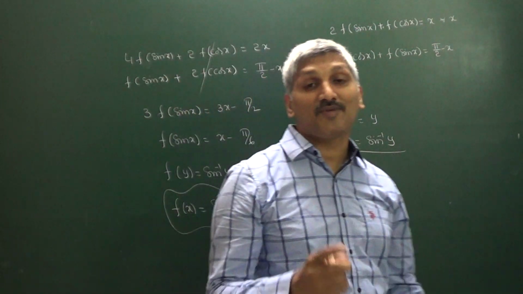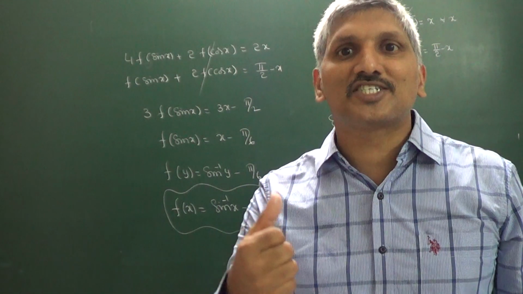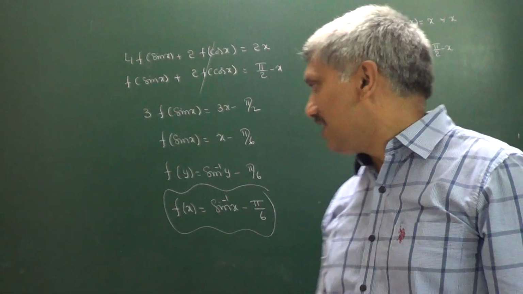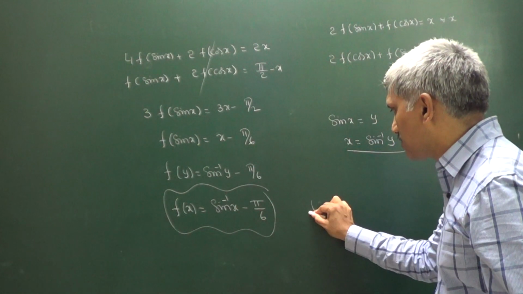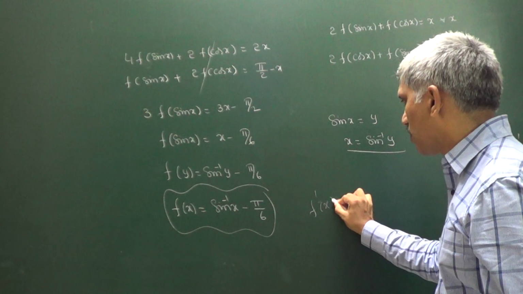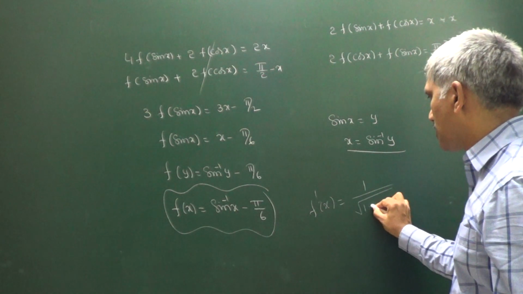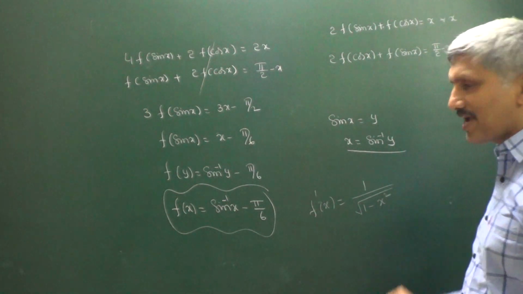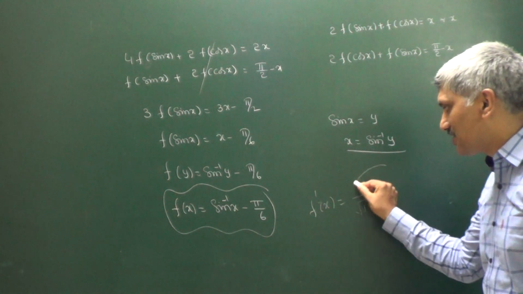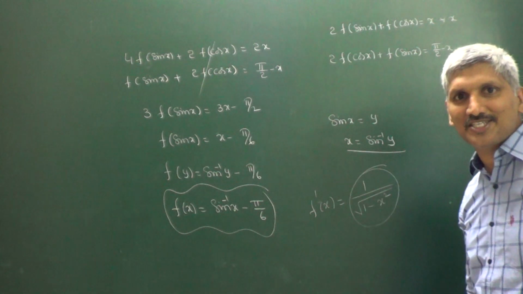We got the function. But what is asked? Where the function is not differentiable. Okay, you know the differentiation of this. F dash of x is equal to, sin inverse x differentiation is 1 by root of 1 minus x square. Where does this differentiation not exist?